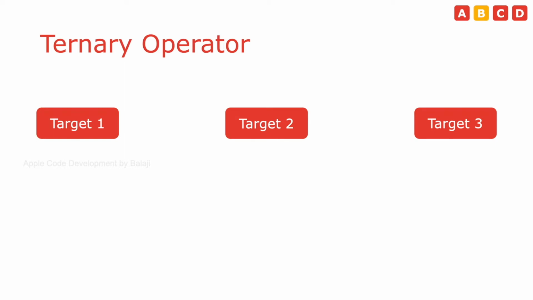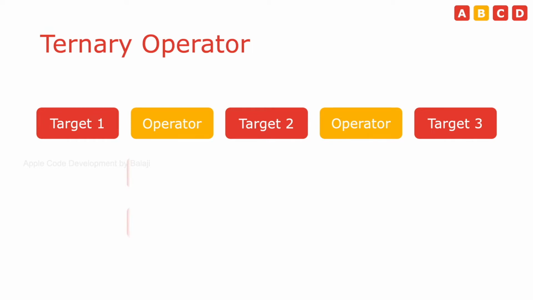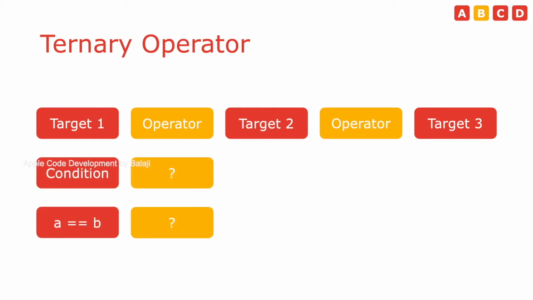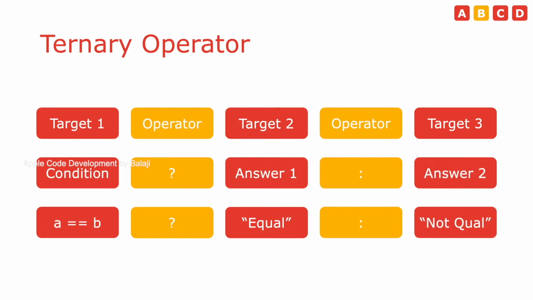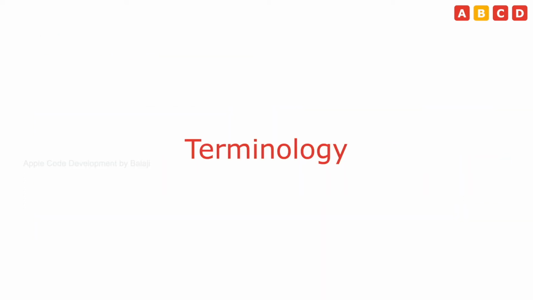Like in C, we have a ternary operator in Swift. Here we will have operators in between the targets like this. If the condition is true, we will have answer 1 or else answer 2. So these are about the terminology.